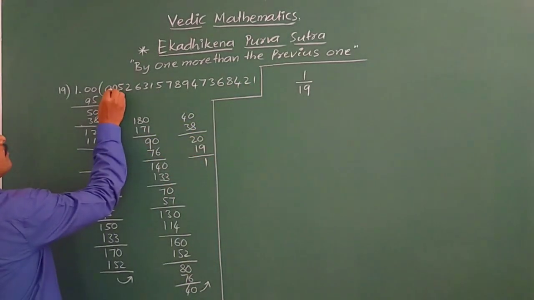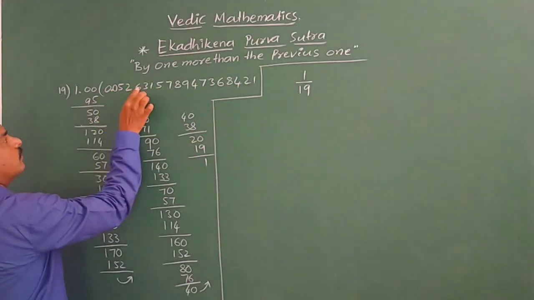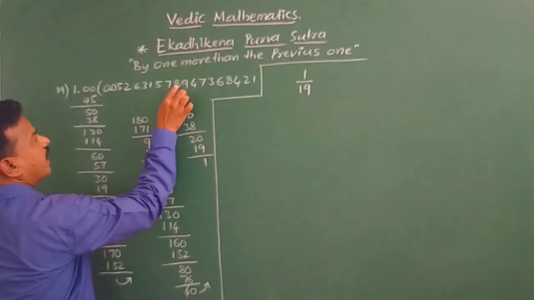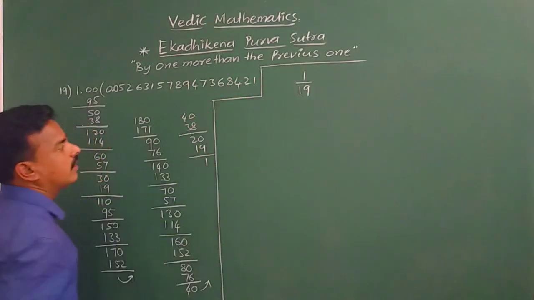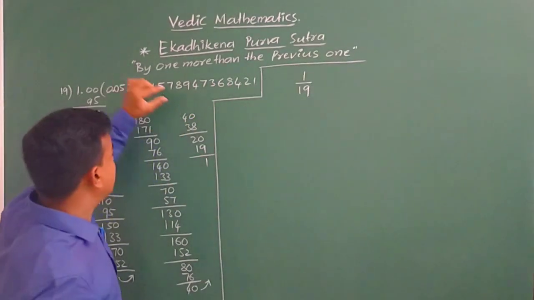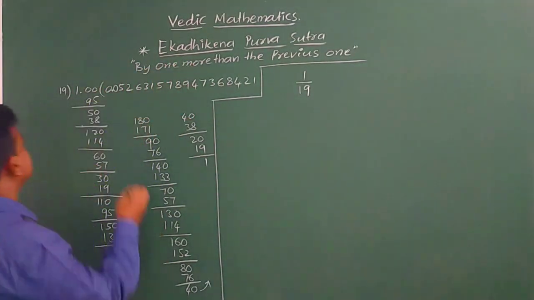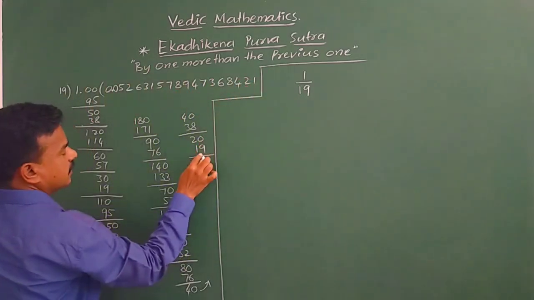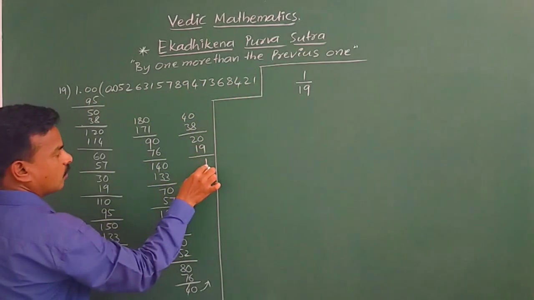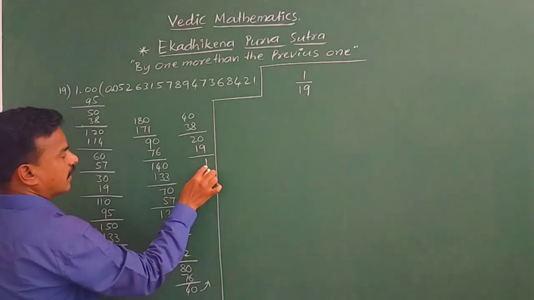Once you see after the point, 1 2 3 4 5 6 7 8 9 10 11 12 13 14 15 16 17 18. 18 digits we got in this. After 18 digits, you see the last, 19 1 19 and 20 minus 19 is 1. We got 1.